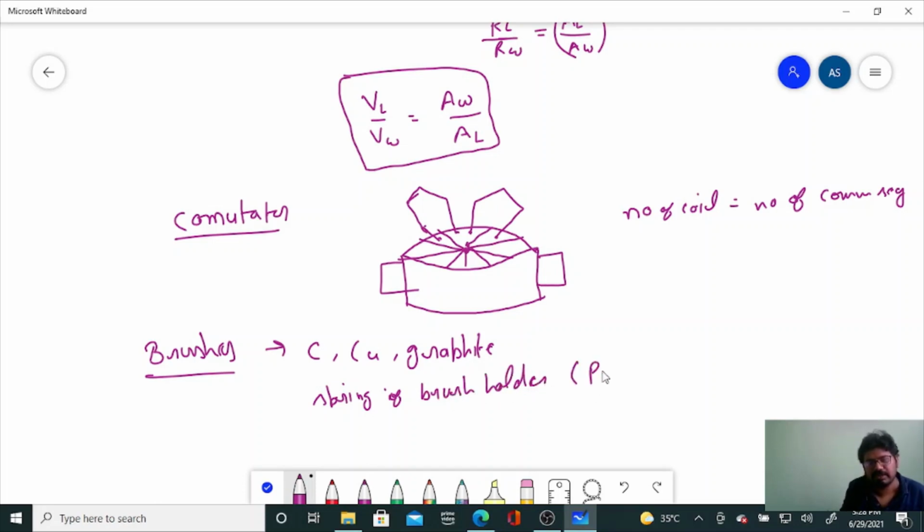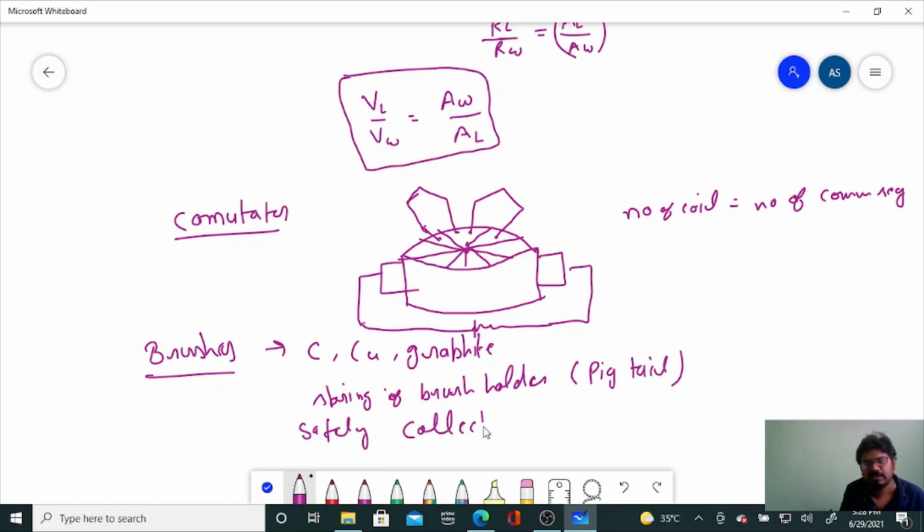We call it a pigtail. The structure is like that. So the role of the brush is to collect the current from the armature or from the commutator segments sparklessly, safely collecting the currents.